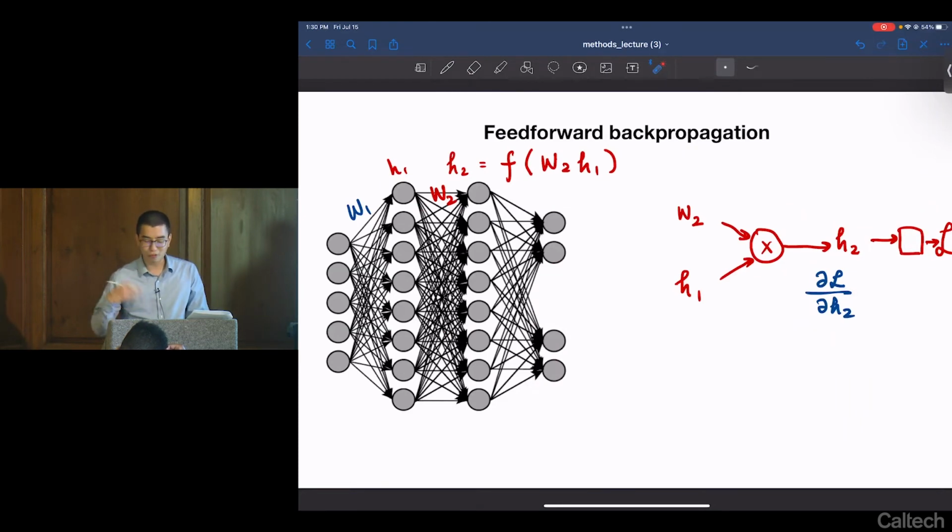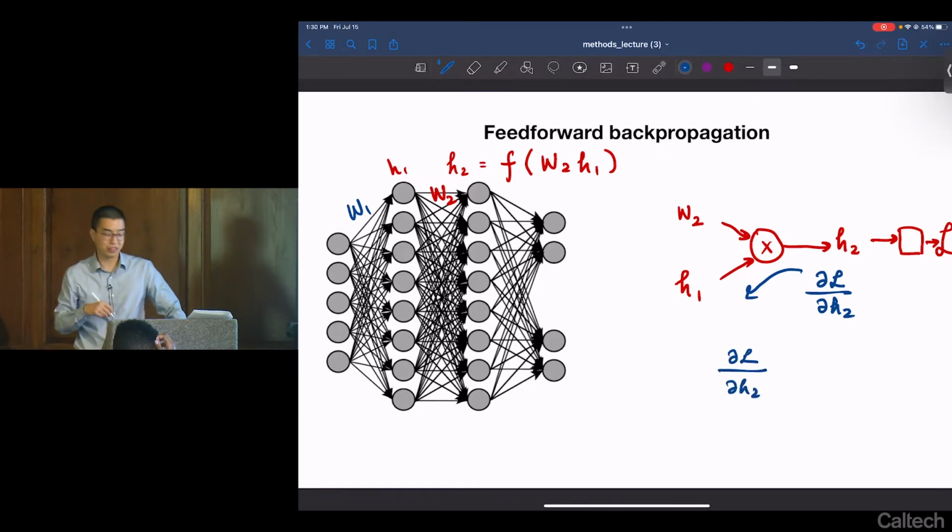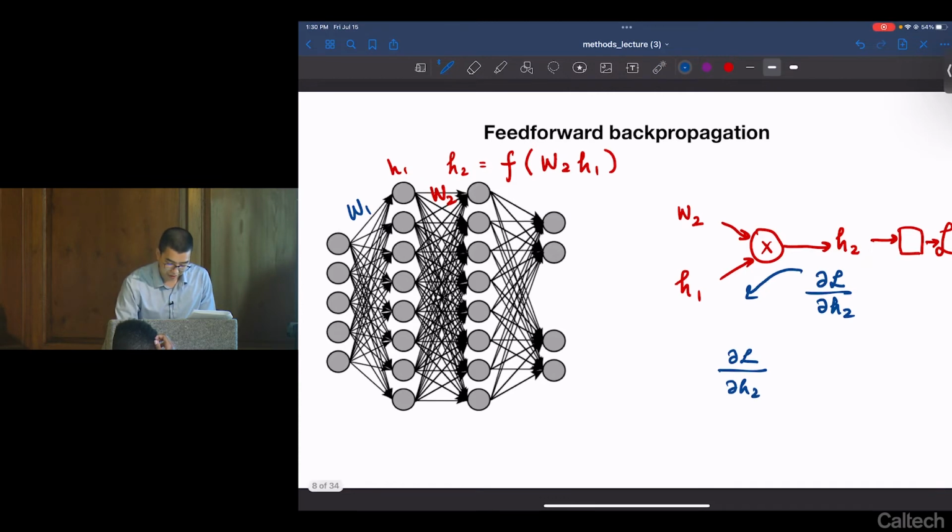And actually, the more formal derivation involves a 3D tensor, but the intuition is sufficient also. So if I want to backpropagate to dL/dH1, I would take dL/dH2, and I would multiply it by the value on the other wire, which is W2. And this is actually going to be W2 transpose.